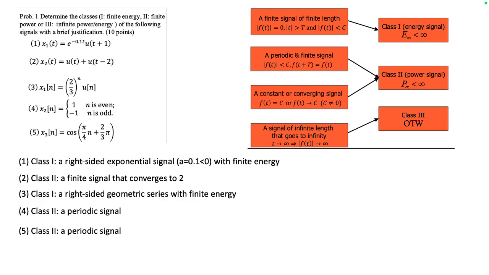For the negative 2, this is u(t), and this is u(t-2), am I right? You add them together, it's just like this, am I right? And if it converges to 2, the value converging to 2 is absolutely class 2, am I right?